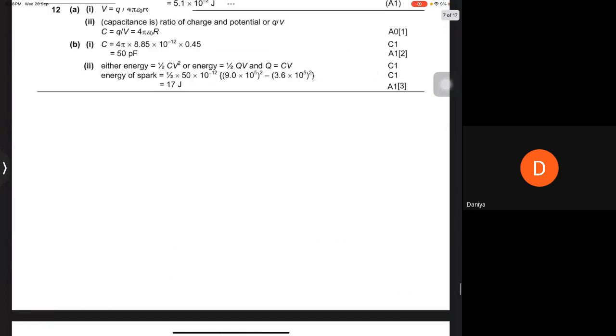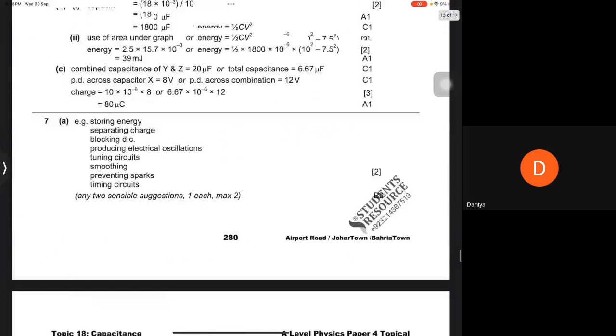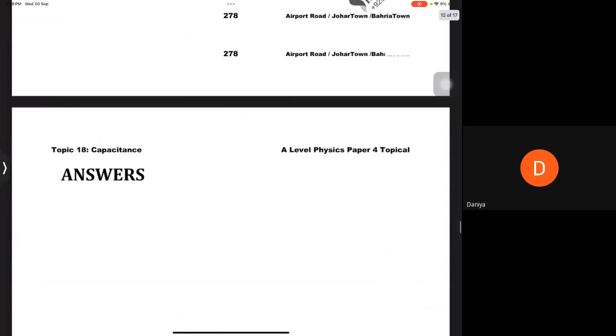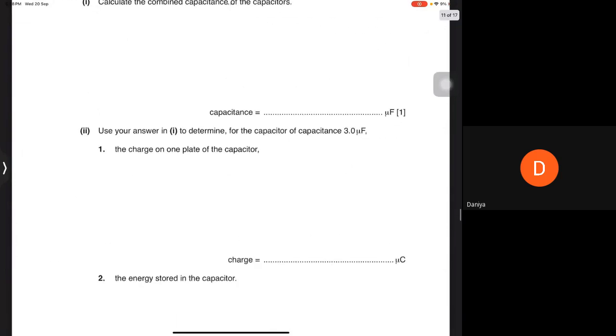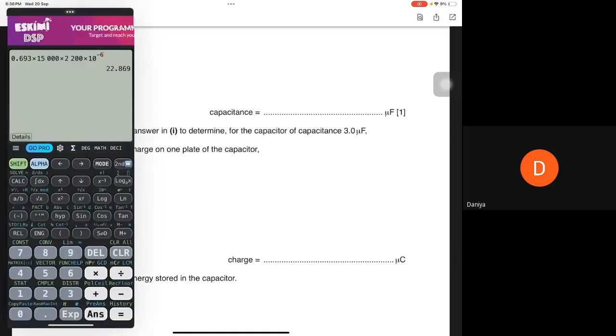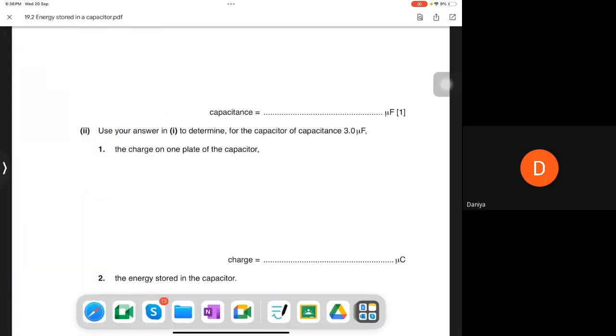Okay, it's a small worksheet, only 11 pages. You can do that now. Please hurry up. Okay, continue doing this, please. Let me know if you have a question at any point.